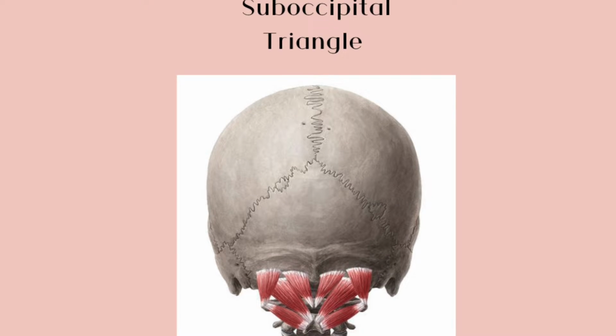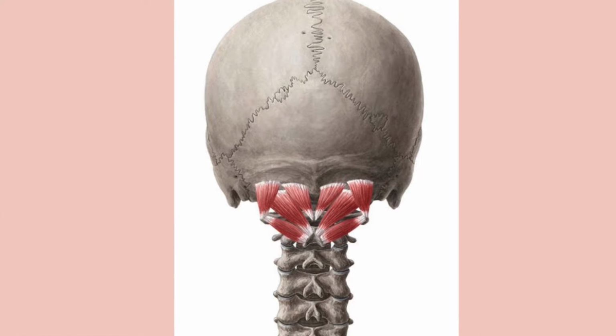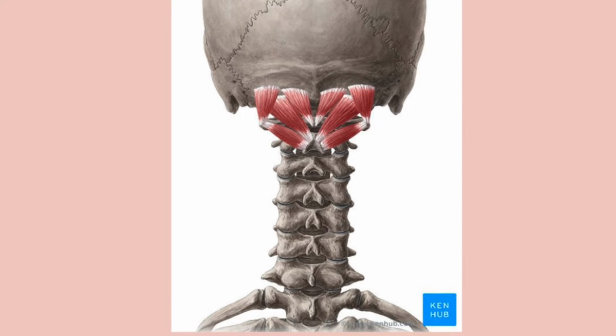On a physical level, in the physical body, there are two main muscle groups that can contribute to pain in the head. The first muscle group is called the suboccipitals. These are a group of small muscles. They attach the back of the head, the base of the skull, to the upper part of the neck.